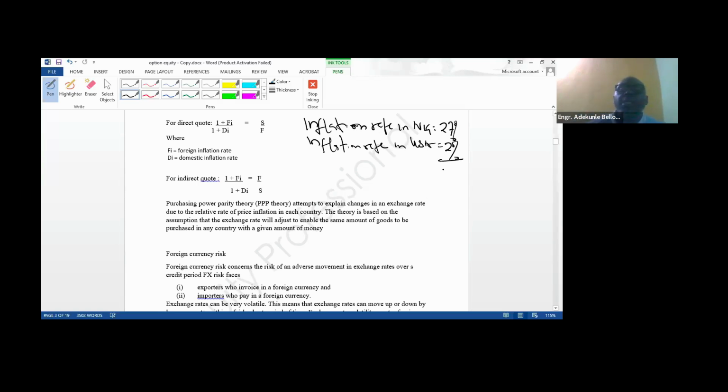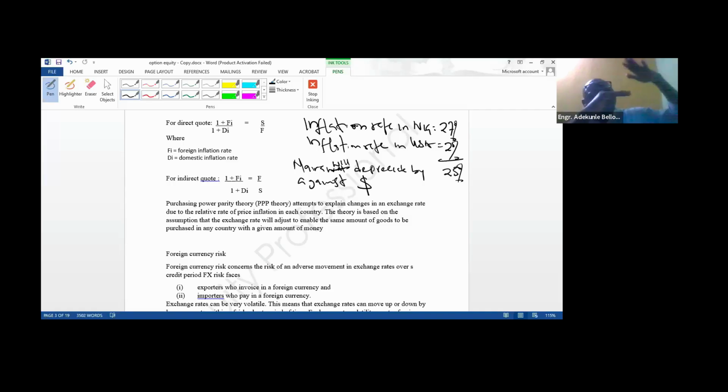What this means is that the difference, 25%, Naira will depreciate by 25% against the dollar because of differences in inflation rates.